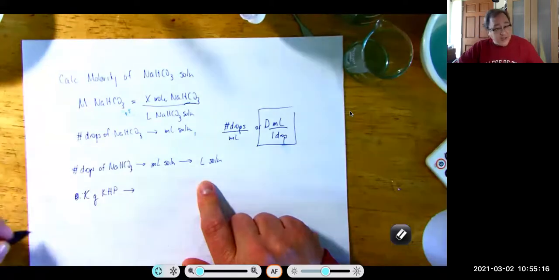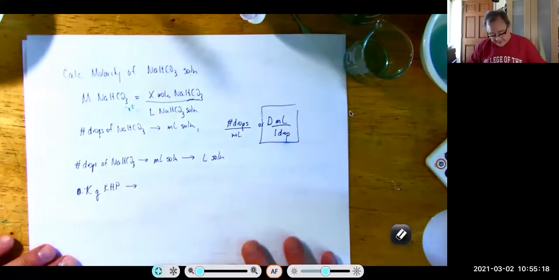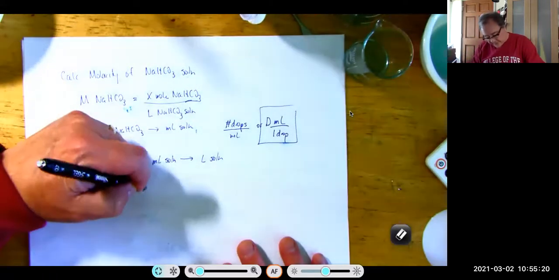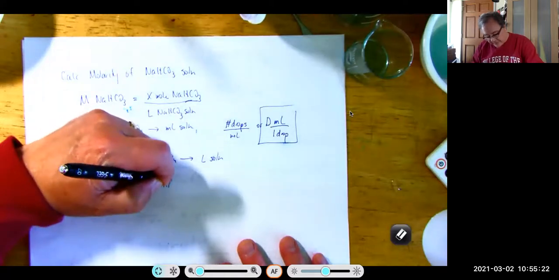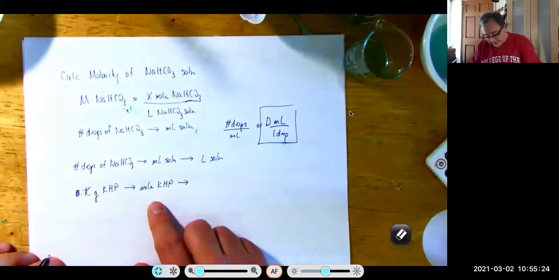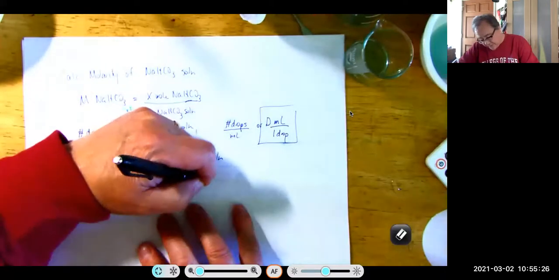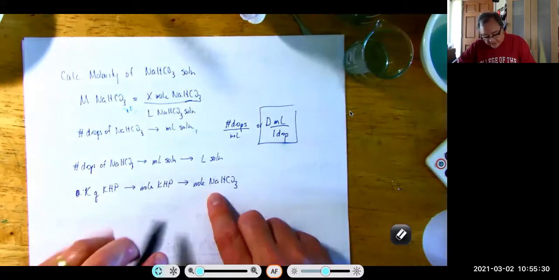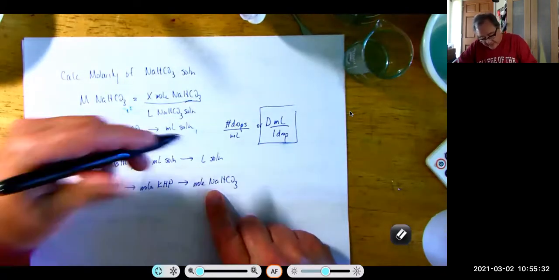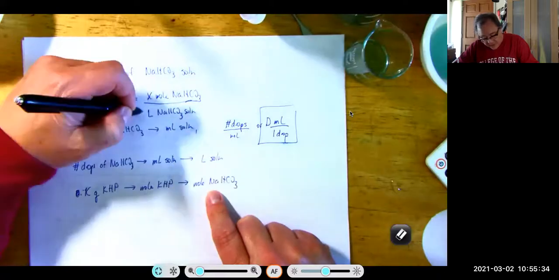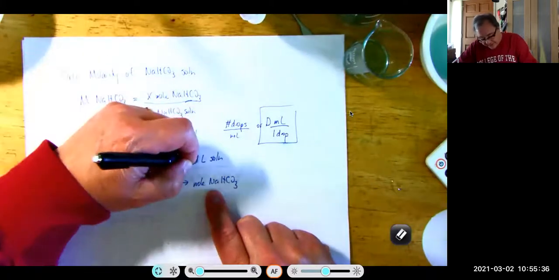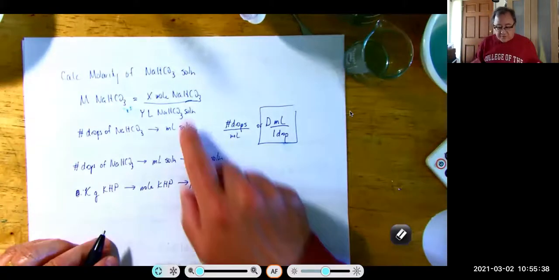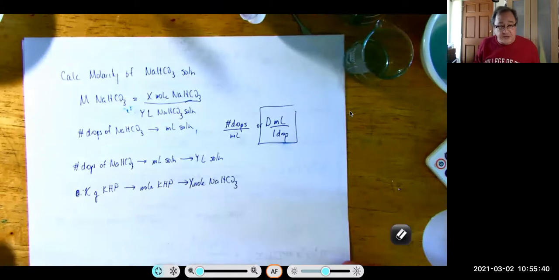You use the molar mass of potassium hydrogen phthalate to calculate the moles of potassium hydrogen phthalate. And then you use your balanced reaction to calculate the moles of sodium bicarbonate. So with these two numbers here, this L, we'll call this Y. You calculate this X, you plug it into this formula, and you get the molarity of your sodium bicarbonate solution.